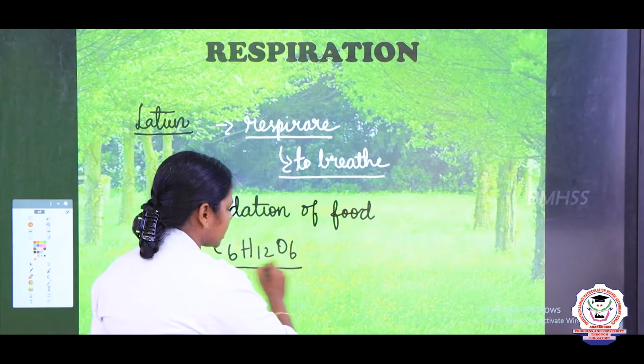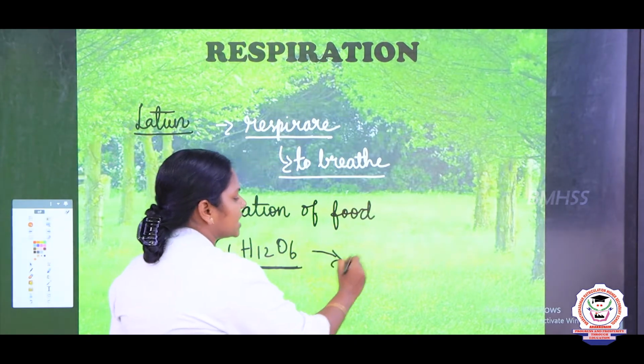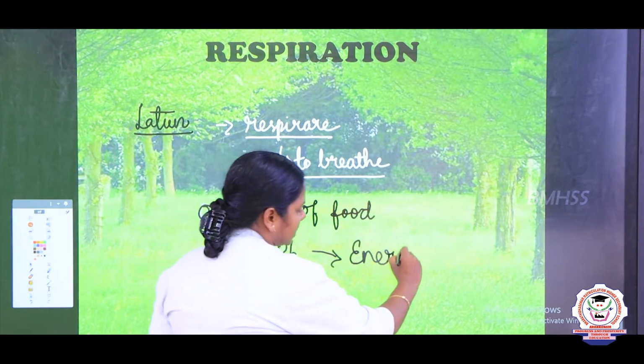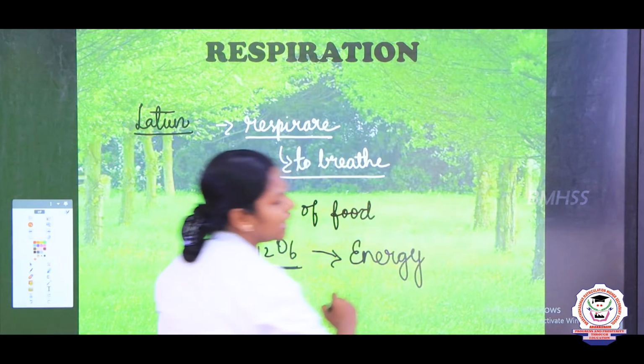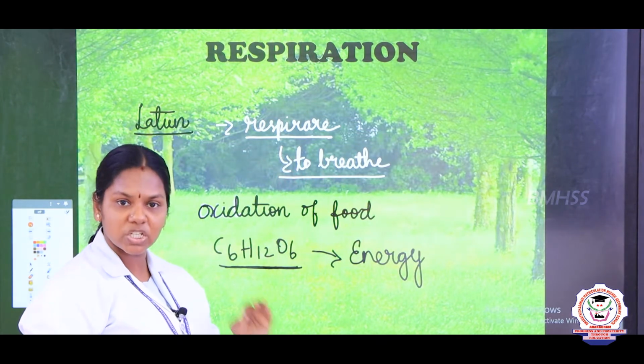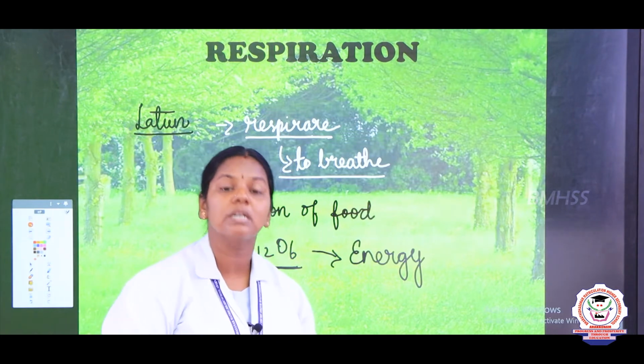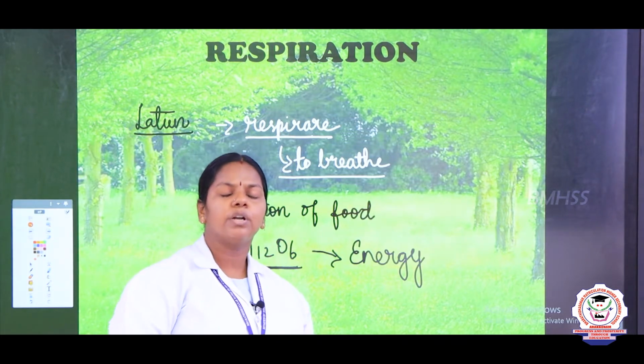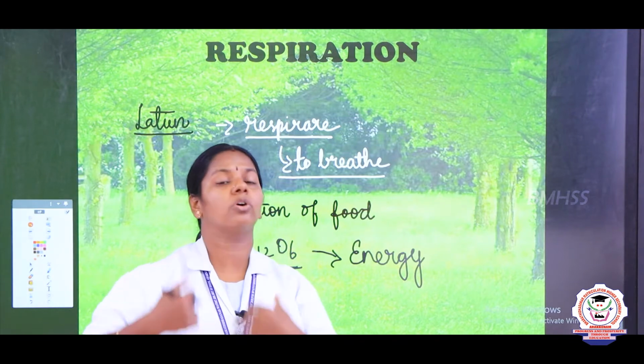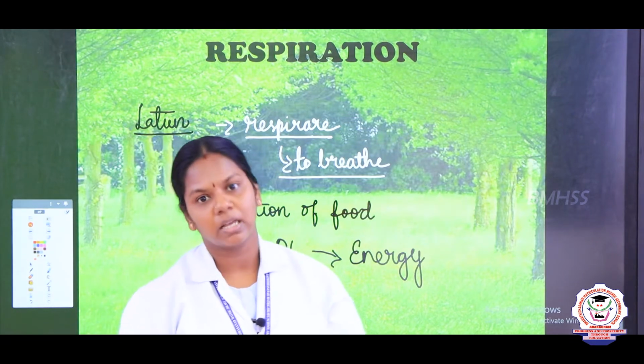The glucose is broken down and the energy is released. So this is respiration. Respiration is the oxidation of the food, that is the breaking down of glucose by using oxygen. During this process, enormous proportions of energy are released.